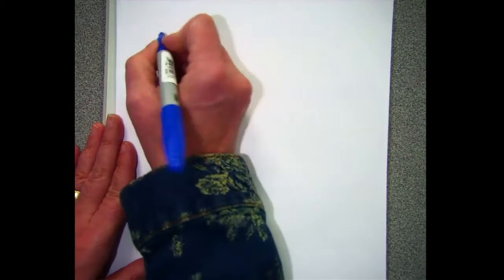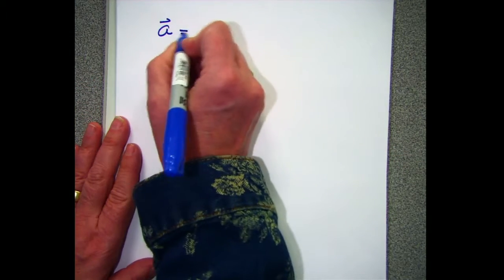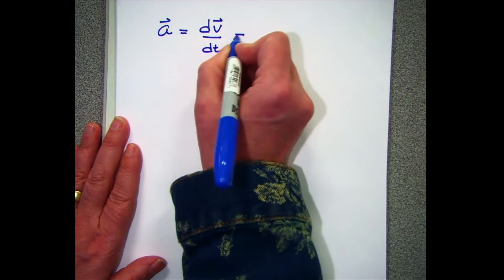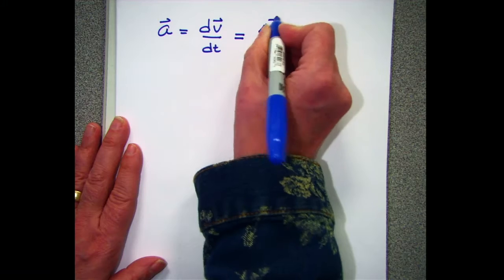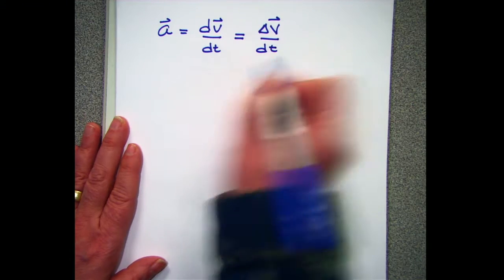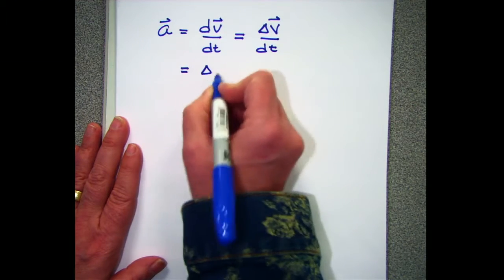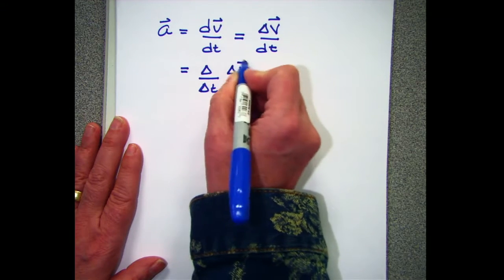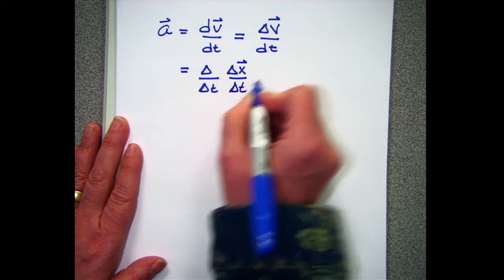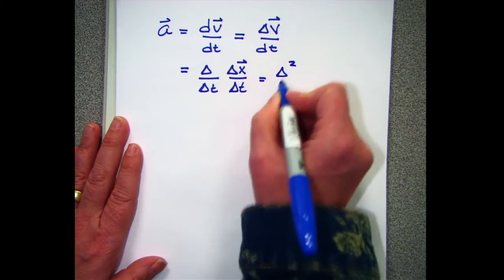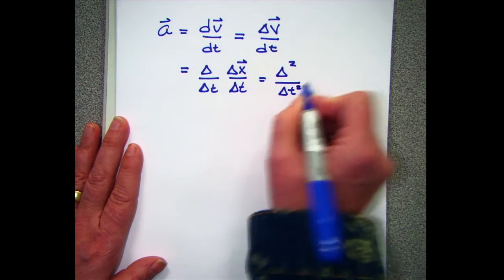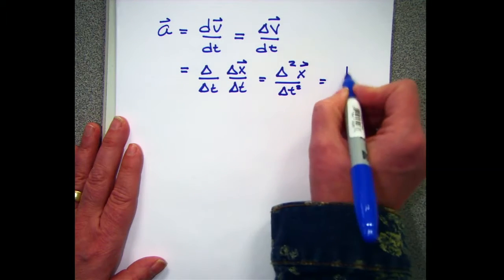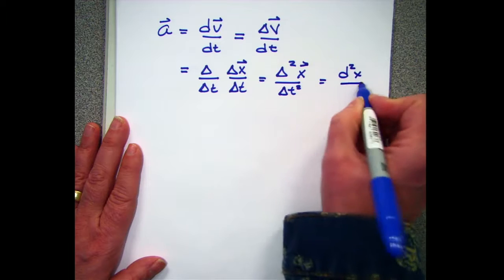My acceleration vector, if I write it in terms of the derivative, looks like this, or I can write it in terms of my change, it looks like that. And if I do this as a change with respect to time, this is also a change in position with respect to time. So this is what we call the second derivative.